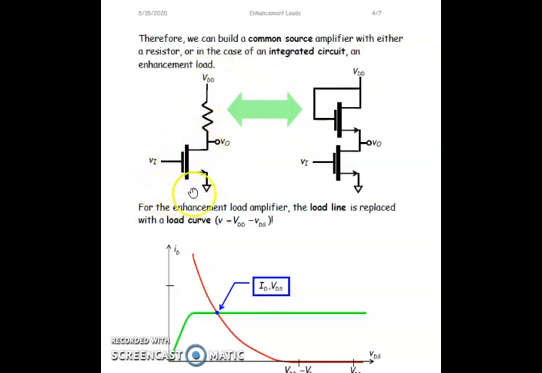Remember, this is the input device. The input device is the one where you are giving the input. So to the input device, the current to be pushed should be constant, and that can be achieved either through a resistance or an element which resembles a resistance, which in this case is the MOSFET. So this is how I can replace my resistor with an enhancement load MOSFET.